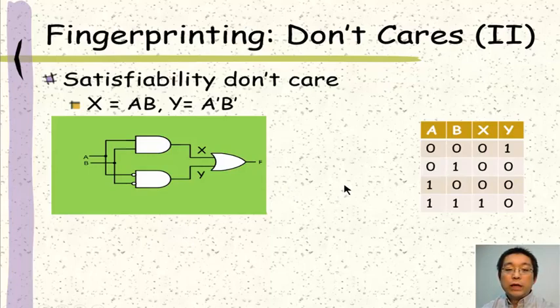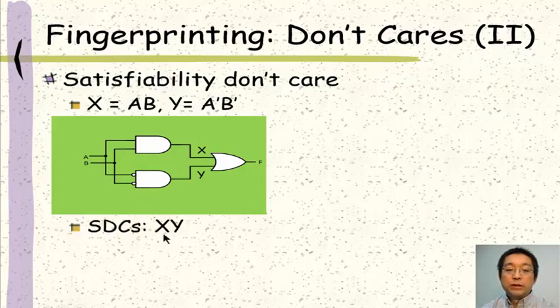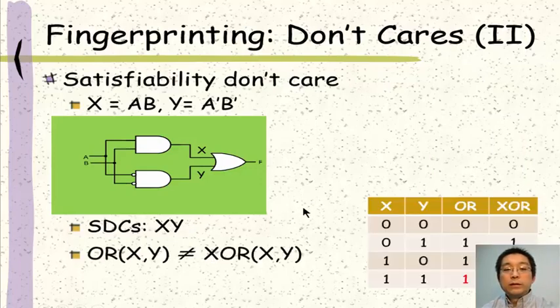Therefore, we have a satisfiability don't care condition, X equal to 1 and Y equal to 1. We know that the OR gate and exclusive OR gate are different. For example, when both X and Y are 1, OR gives you output 1, and the exclusive OR gives you output 0. However, we know this condition X equal to 1, Y equal to 1 is a satisfiability don't care.